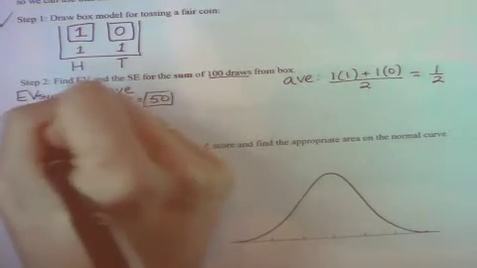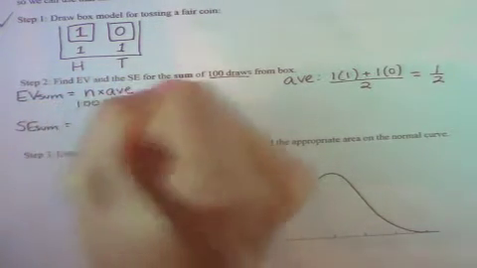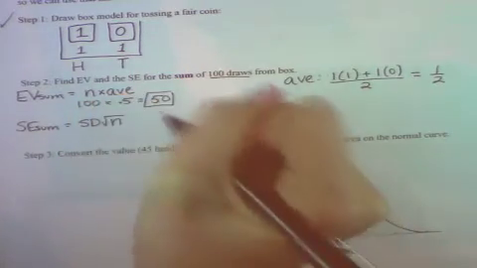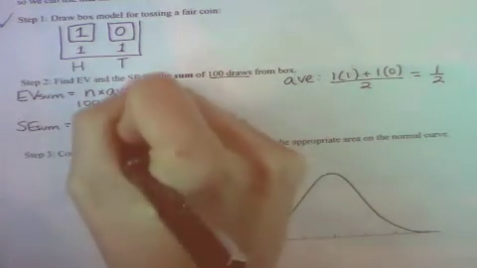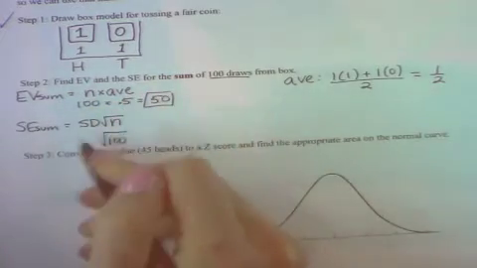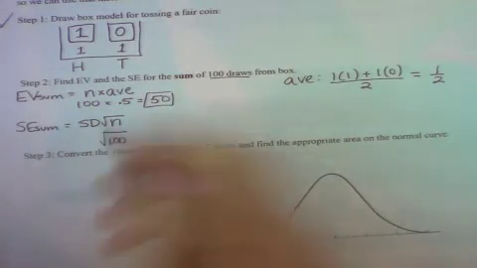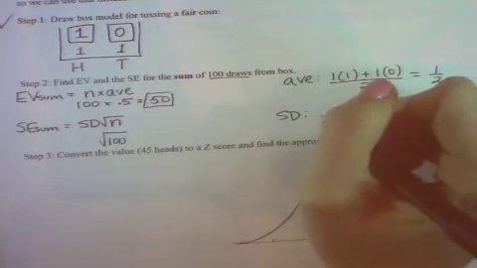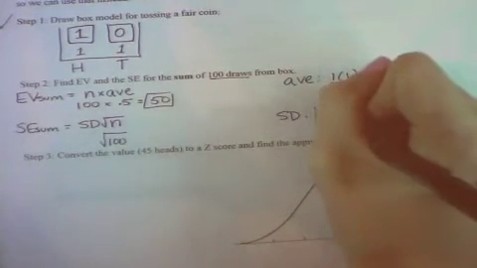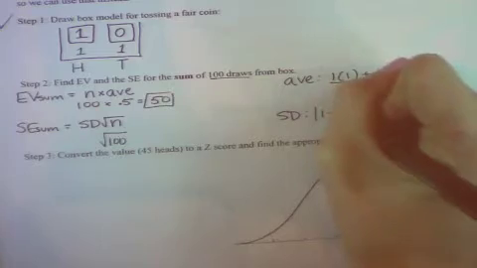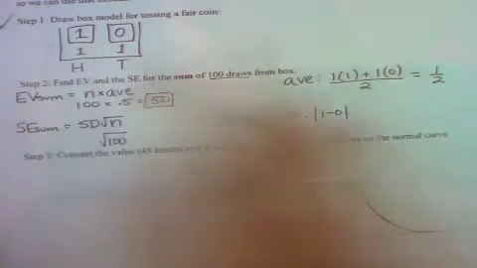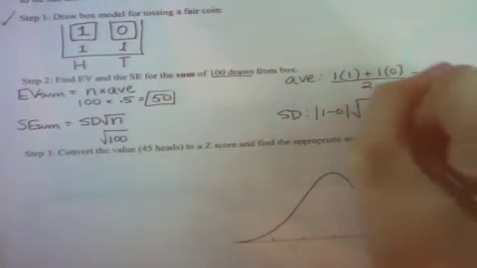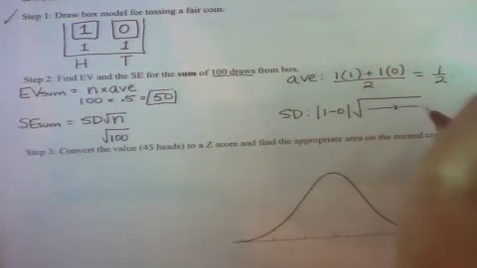So the standard error of the sum, the formula for that is the standard deviation times the square root of n. So square root of n, that's the easy part. We know we have 100 draws, but this SD we need to calculate as well. And luckily there's only 2 types of tickets in the box, so we can use our shortcut formula. We're going to take the absolute value of what the tickets say on them, so we've got tickets that say 1 and 0, times the square root of the fraction of tickets.